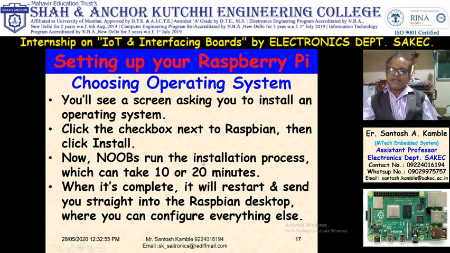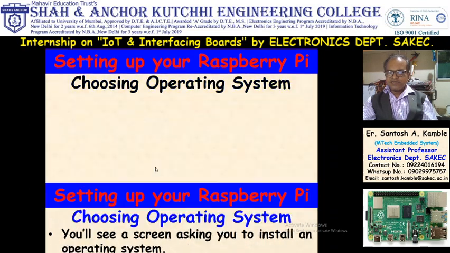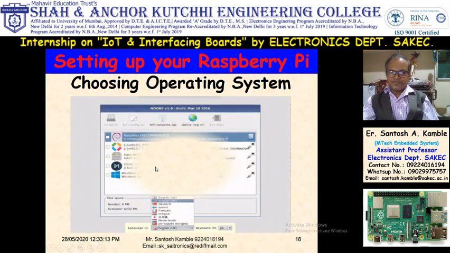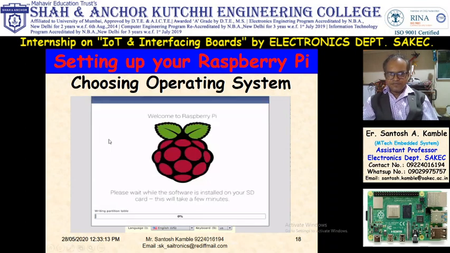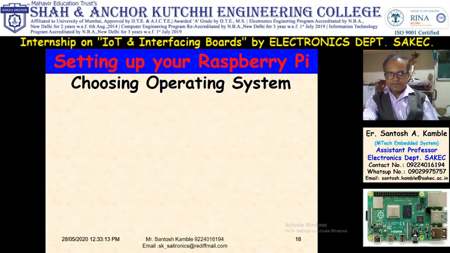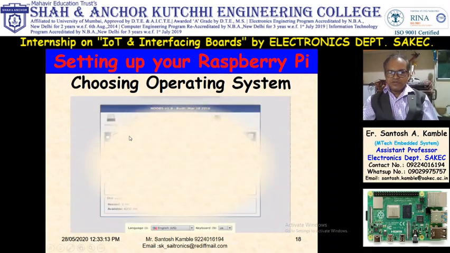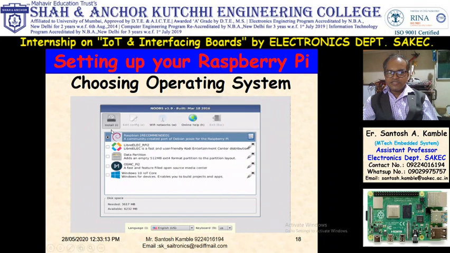Now the operating system. When you are selecting the operating system, at the beginning it will ask you to select the operating system. So we are using NOOBS, and you have to click install. So we will see the process. First, when you start the system, it will show this window. You have to click here NOOBS, then install.